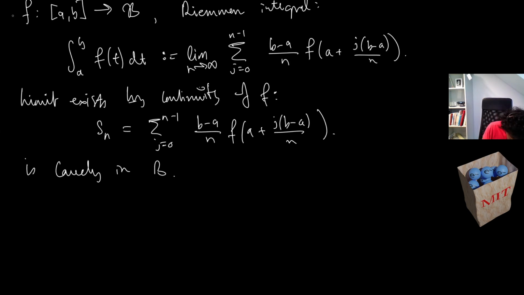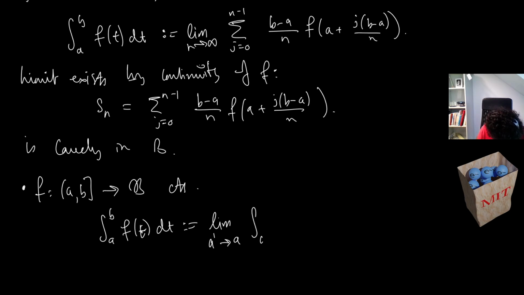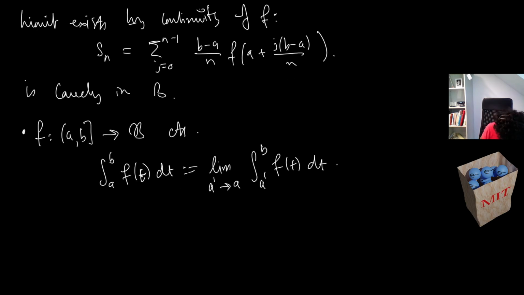Now we look at f from the half-open interval (a,b] into B, continuous, and we define the integral from a to b of f of t dt to simply be equal to the limit as a prime tends to a of the integral from a prime to b, now a closed interval, of f of t dt, when the limit exists.